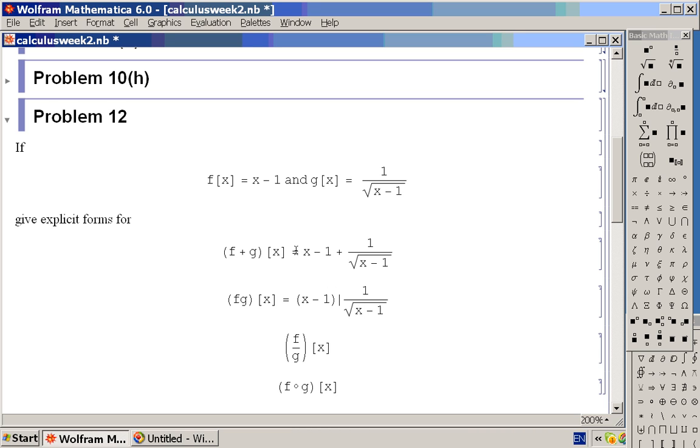Now, g of x is only defined for x greater than 1. So if x is greater than 1, x minus 1 is equal to the square root of x minus 1 squared.